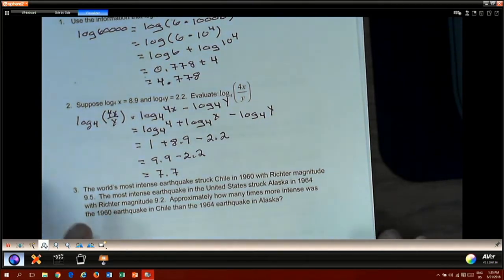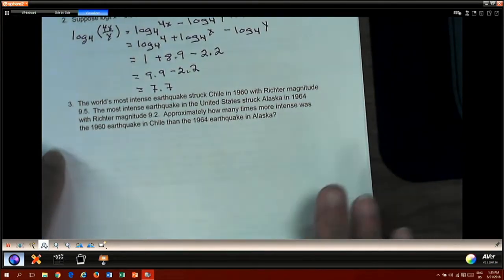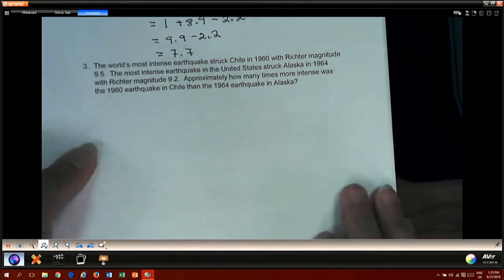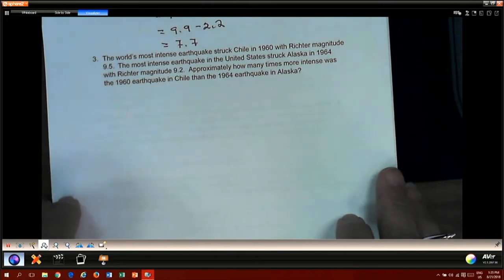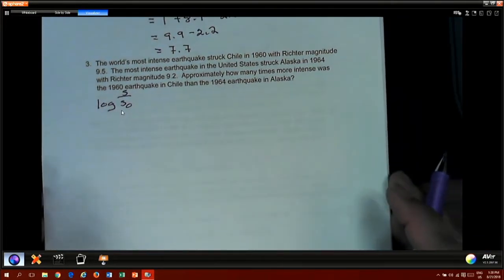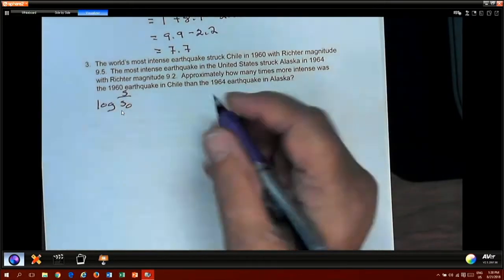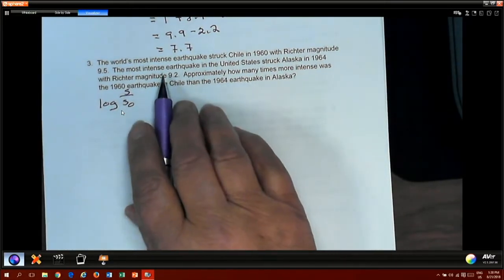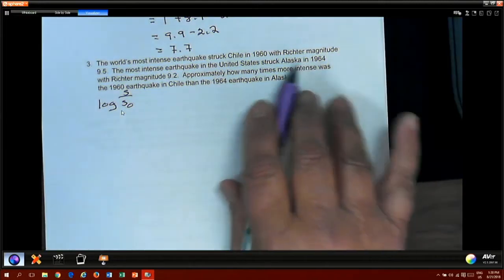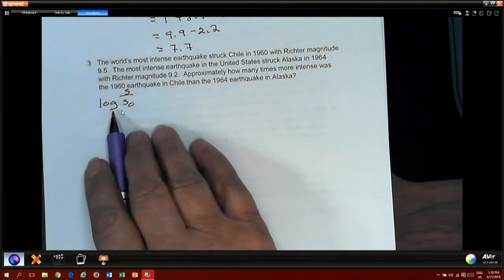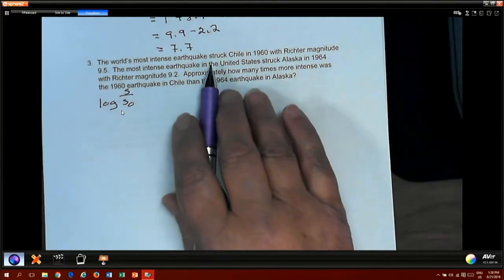Okay, the next problem involves the Richter scale. The Richter scale is one application of logs. Okay, so with the Richter scale, it's log of S over S sub 0. So that means that that's the magnitude of an earthquake.